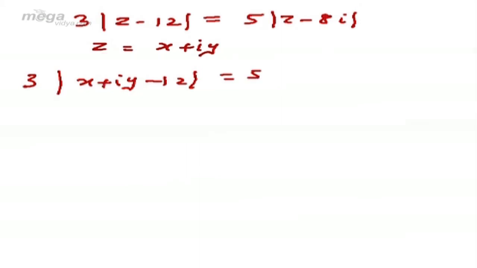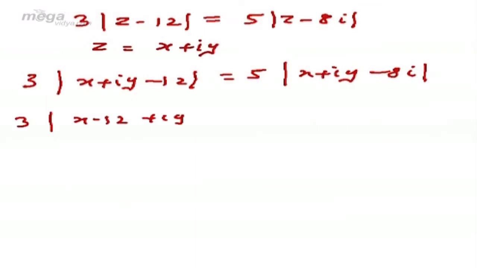Now you put z is equal to x plus iy. So 3 into mod of (x minus 12) plus iy is equal to 5 into mod of x plus i times (y minus 8).